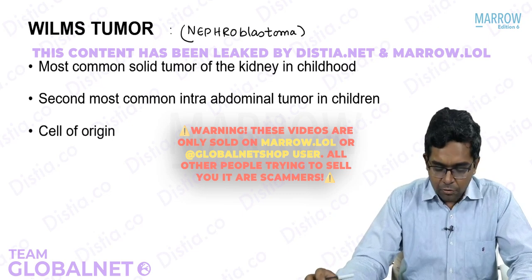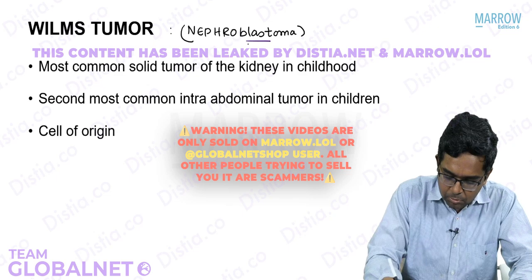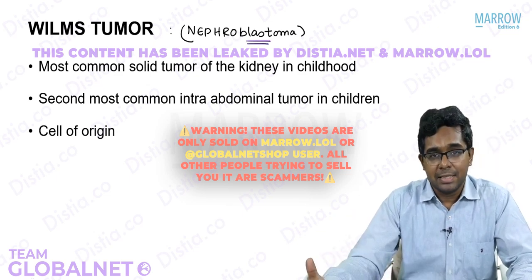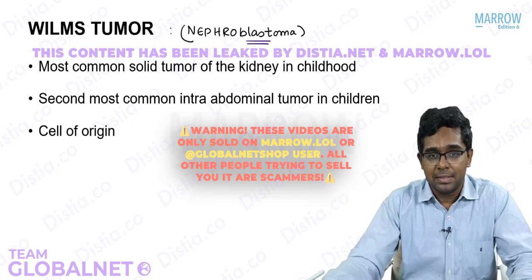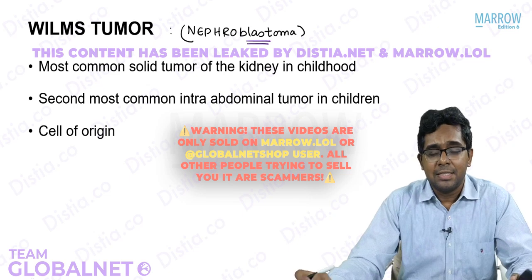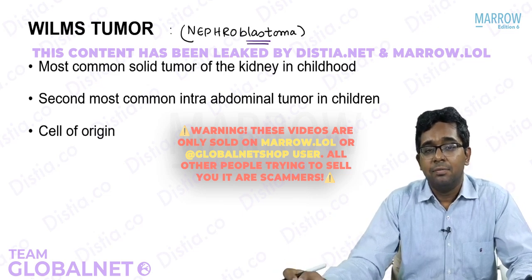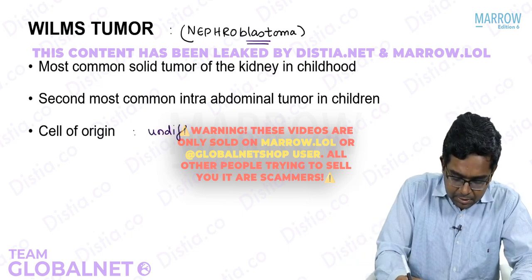Talking about the cell of origin of Wilms tumor, remember the name nephroblastoma. Blast refers to the premature forms of the cells. Here it is the premature forms of renal cells, or in other words, it is derived from primitive structures in the kidney, which is due to undifferentiated mesenchyme of the kidney.